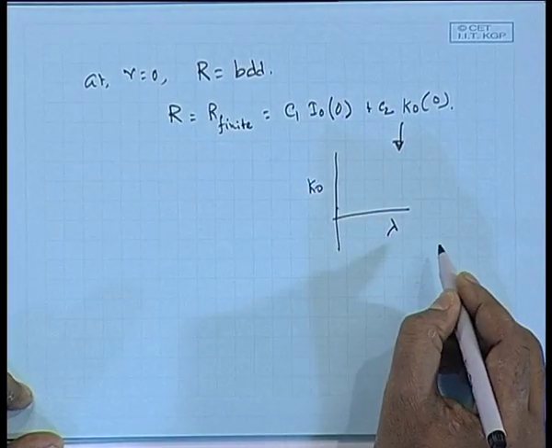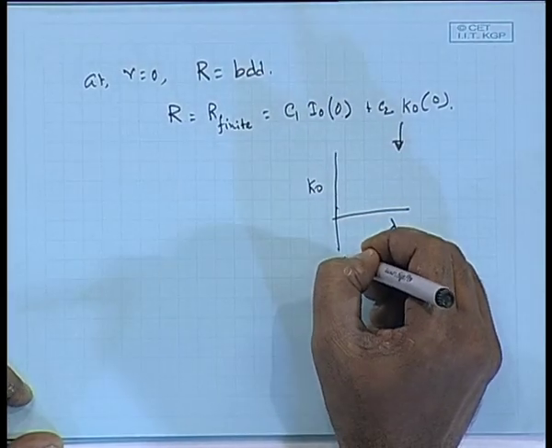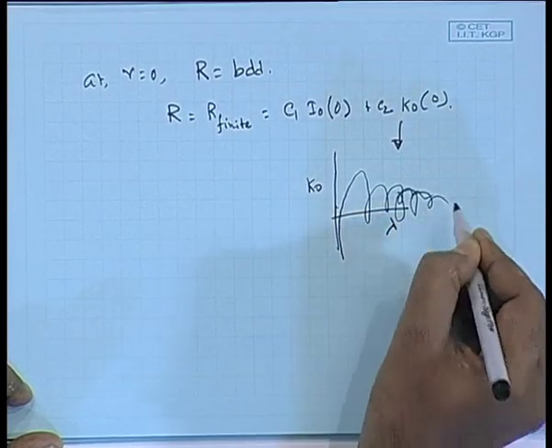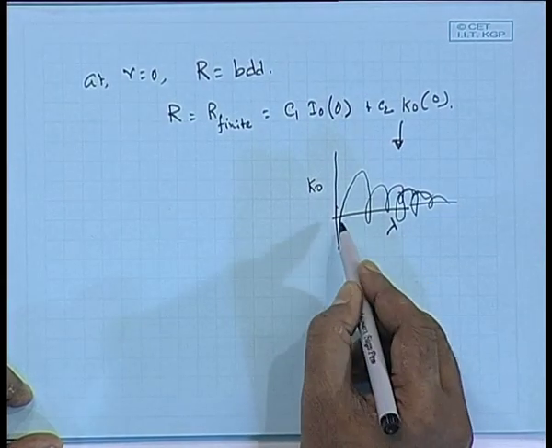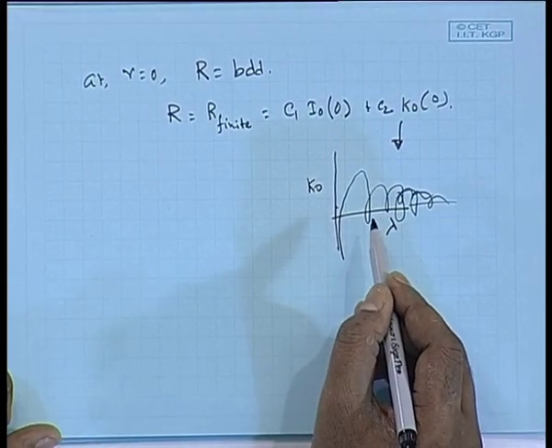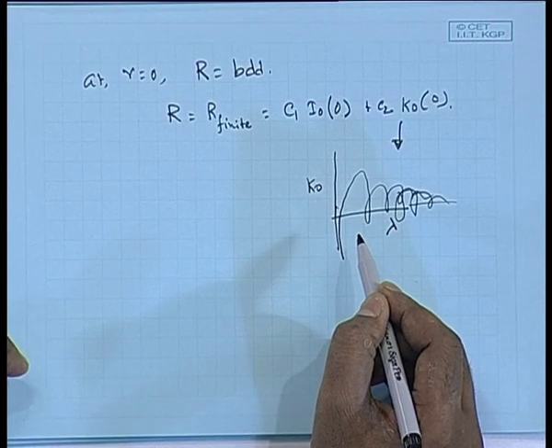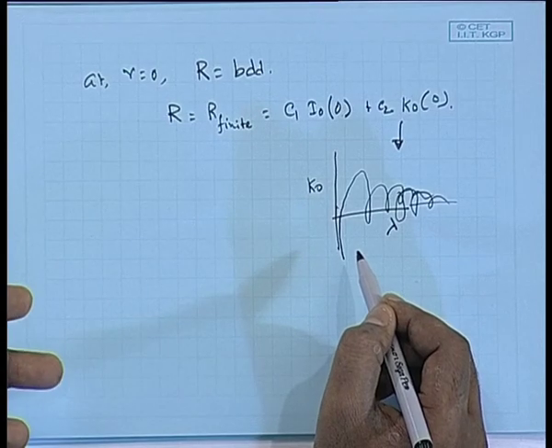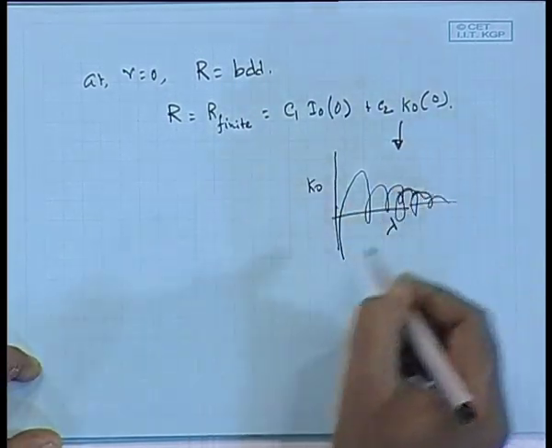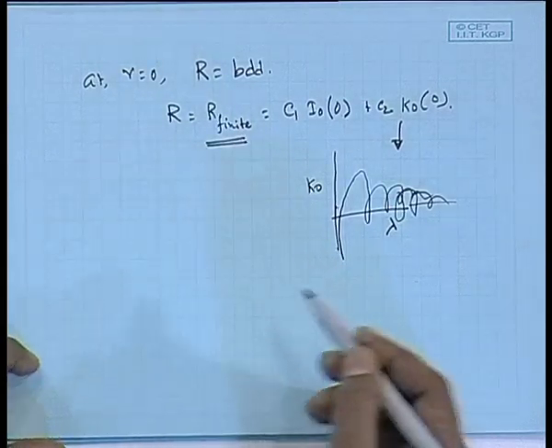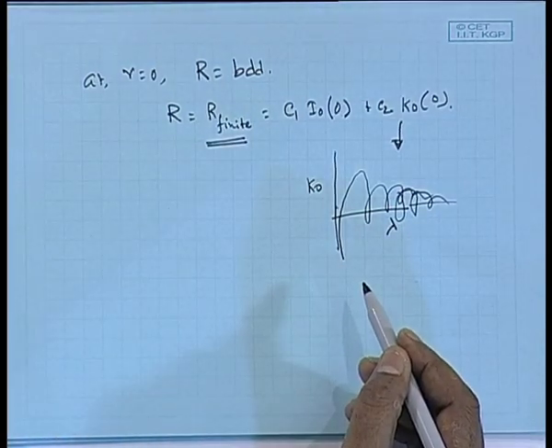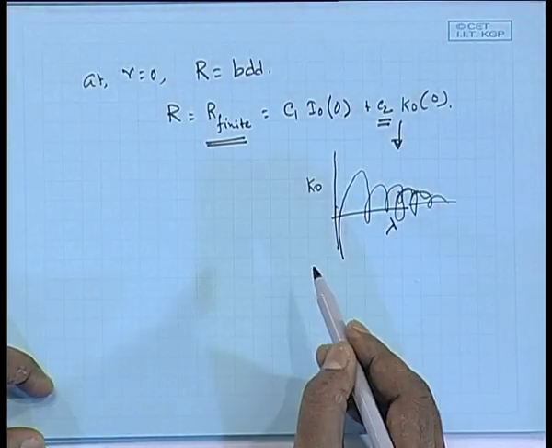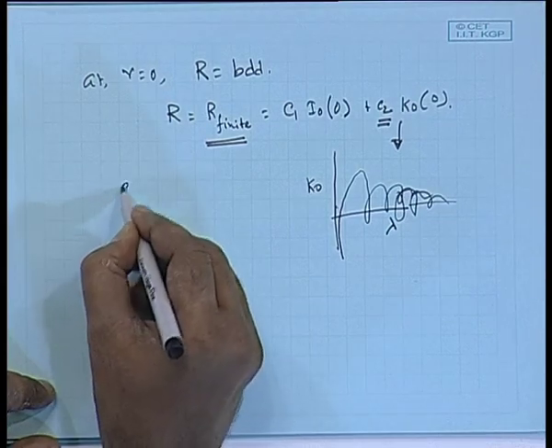If you plot K0, it starts from very high values at r equal to 0. That means, K0 is infinite at r equal to 0. It starts from minus infinity, so it becomes infinite. Okay. So, the boundedness condition at r equal to 0 is violated if this constant is not equal to 0. That means, the associated constant C2 is equal to 0.